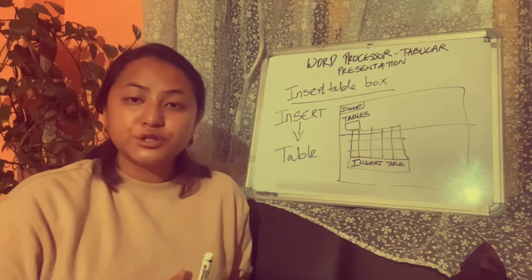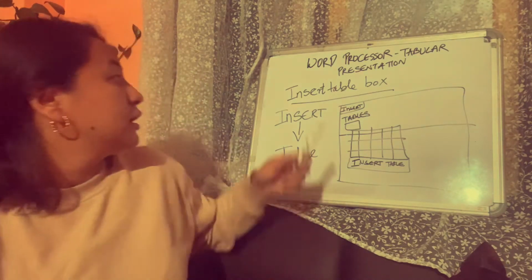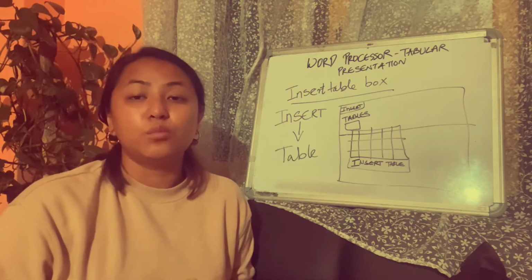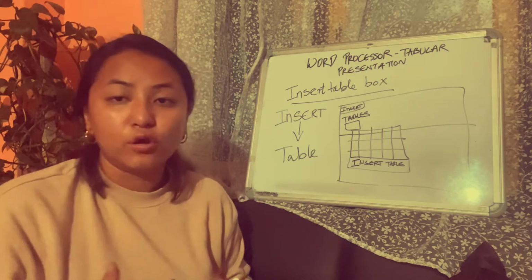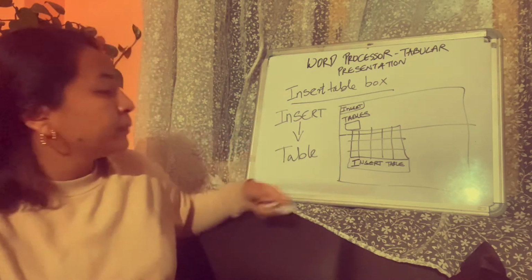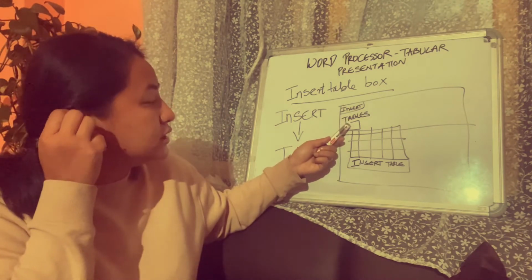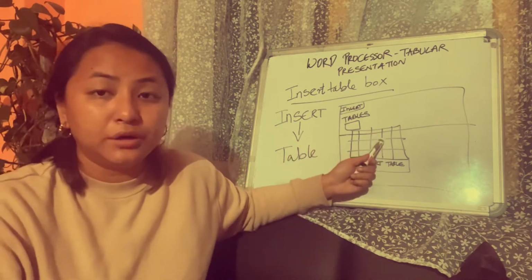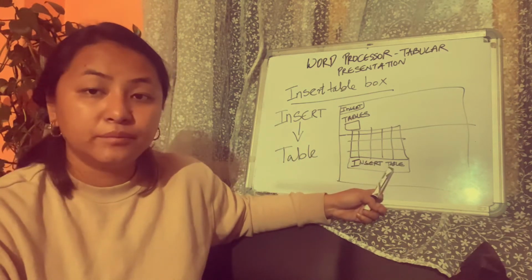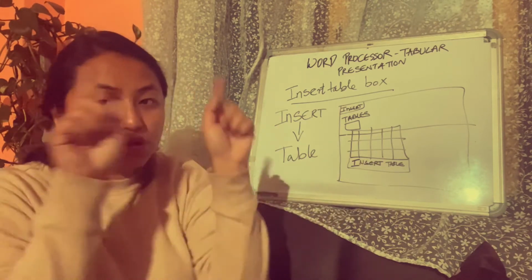Now the second option to create a table is the insert table box. So where do we find this insert table box? The same process will be followed. First we go to insert, then to tables, and once you click the tables option, this grid will appear, and below this grid there is an option called insert table. Once you click there, a dialog box will pop up.